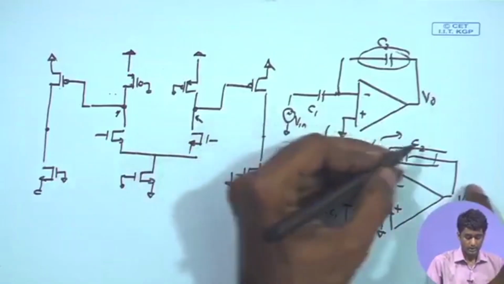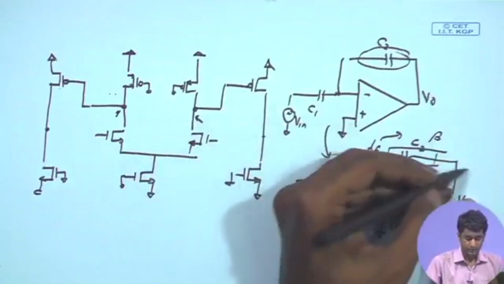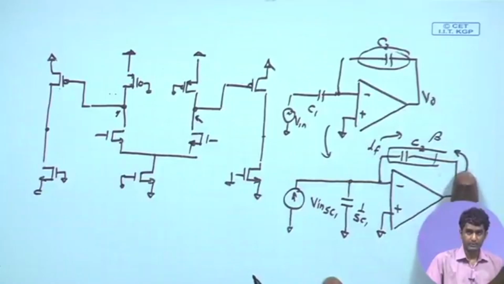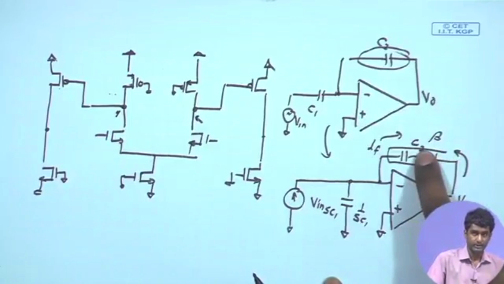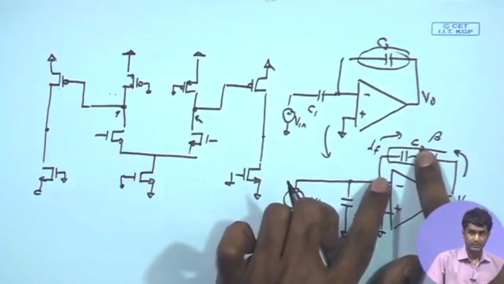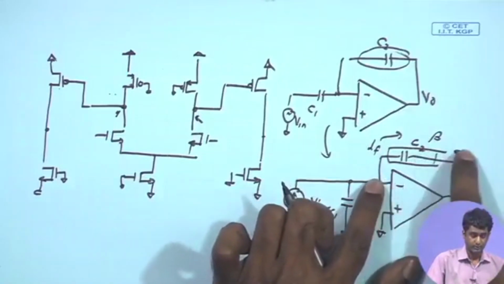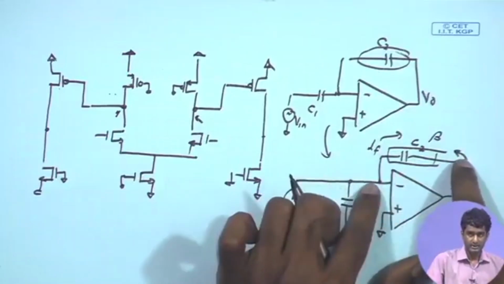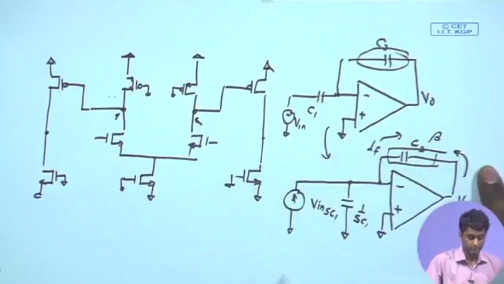Now, in order to do that, this is our feedback network looking from the input port of the feedback network. Remember, this is the input port of the feedback network, because it is sensing the output voltage over here. The other terminal of the feedback network is having shunt connection, therefore, I will short circuit it while opening the C2.